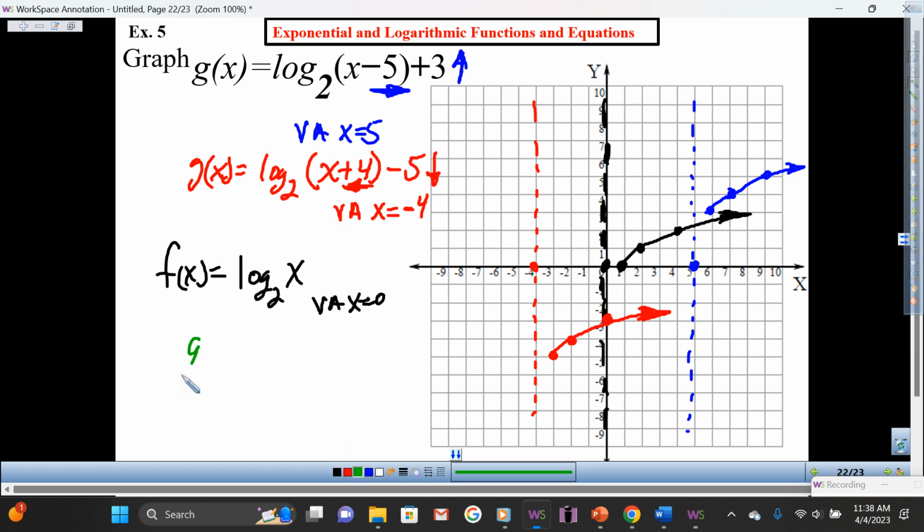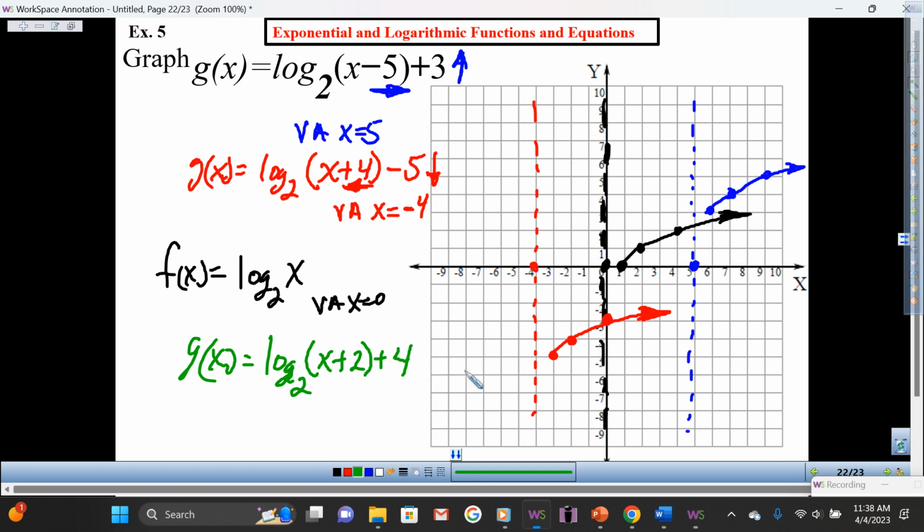In green, g of x equals log base 2 of (x plus 2) plus 4.